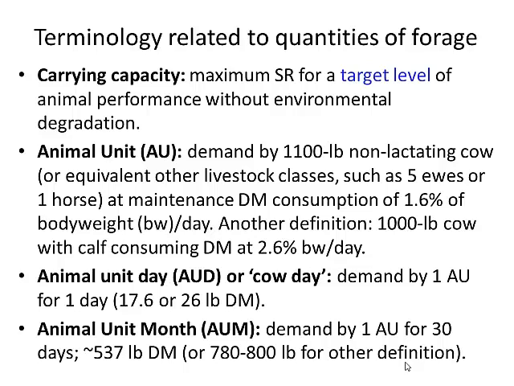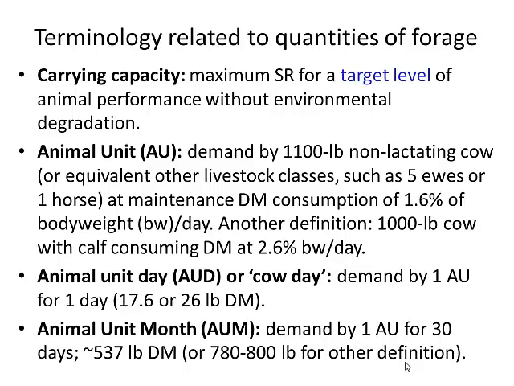If you look at another definition up here, 1,000-pound cow with calf, now she's consuming at 2.6% of body weight per day. So depending on the definition, depending on the source you're using, an animal unit day can be anywhere from 18 pounds to 26 pounds of forage dry matter.